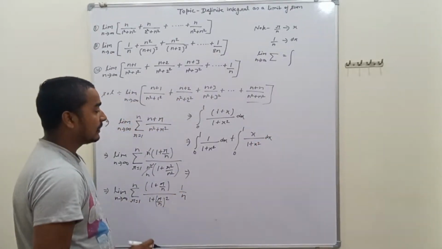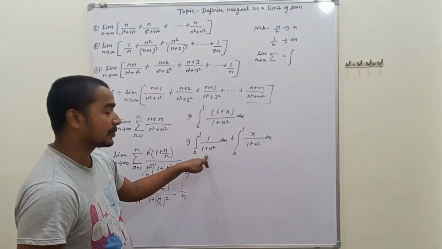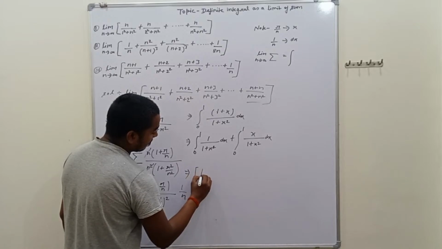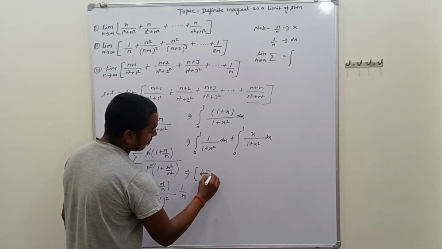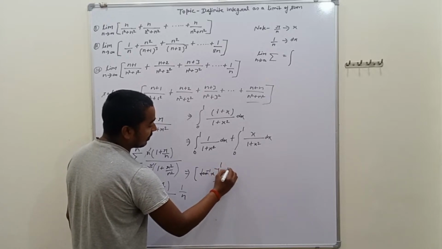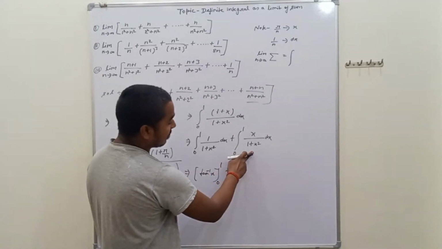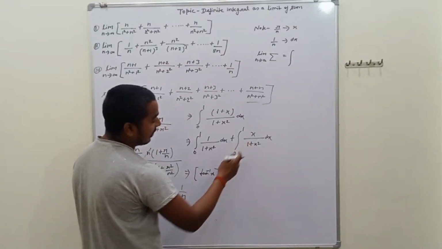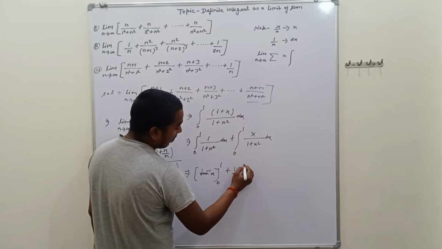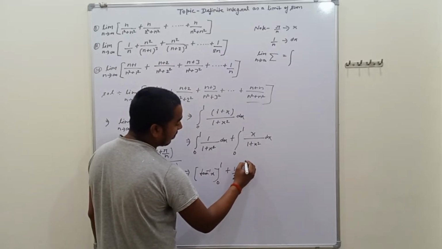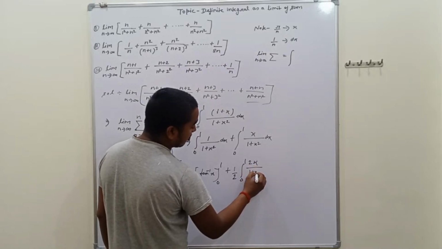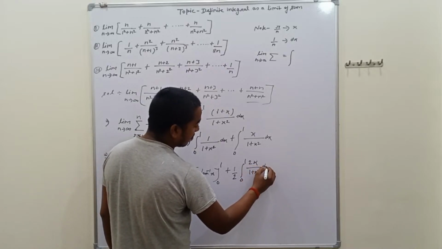We know that the integral of dx upon 1 plus x square is tan inverse x, with limit 0 to 1, plus the second part. When solving the second part, we multiply by 2 and divide by 2, that is 2x upon 1 plus x square dx.